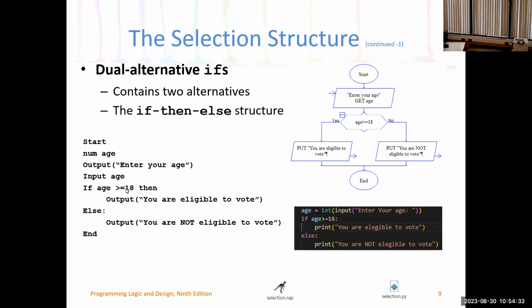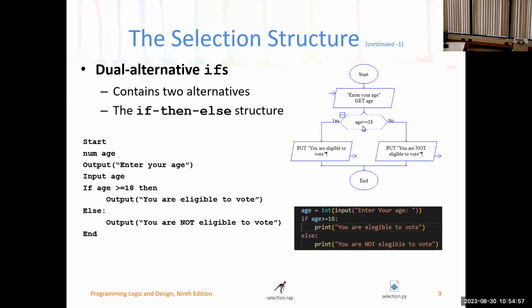Now think about this one. This is an example of a dual alternative. You have a condition to check here. This program is very simple. It asks you to input your age and checks the condition. If your age is greater than or equal to 18, you are eligible to vote, but otherwise you are not eligible to vote.